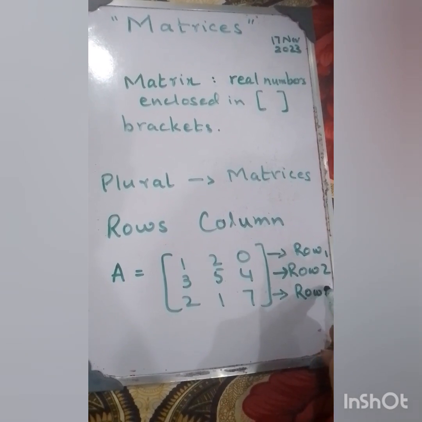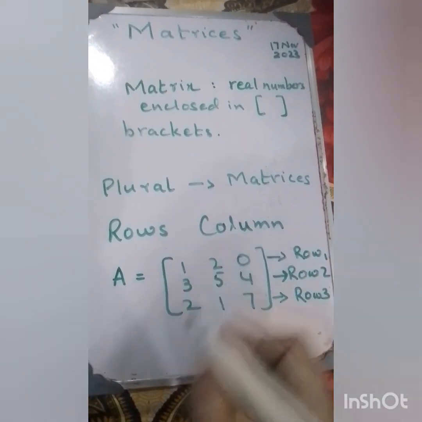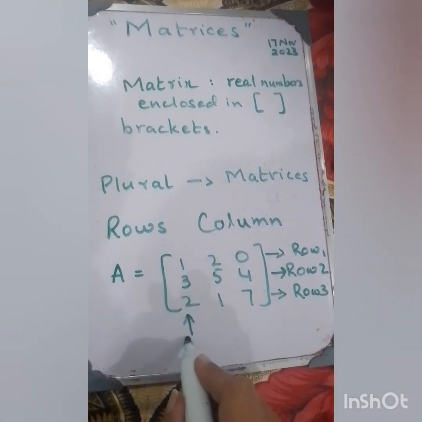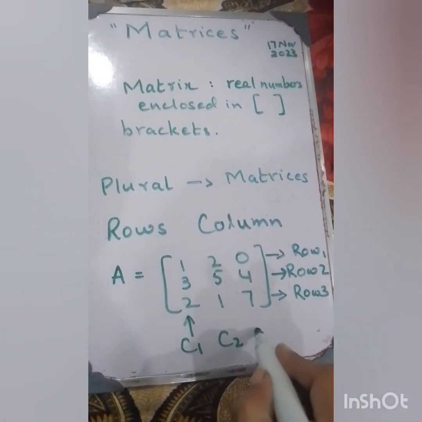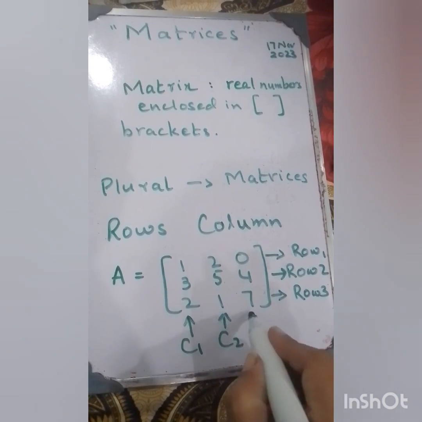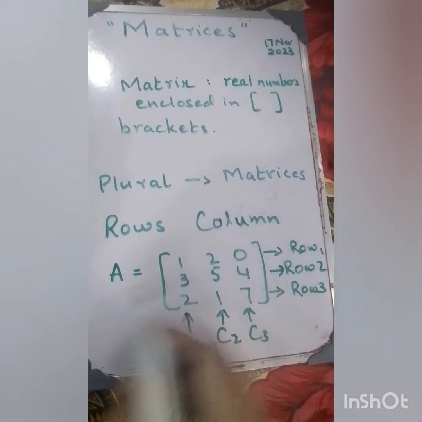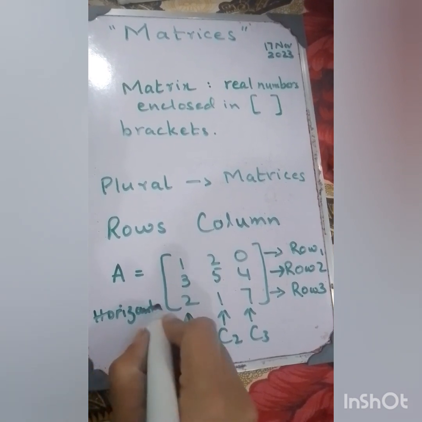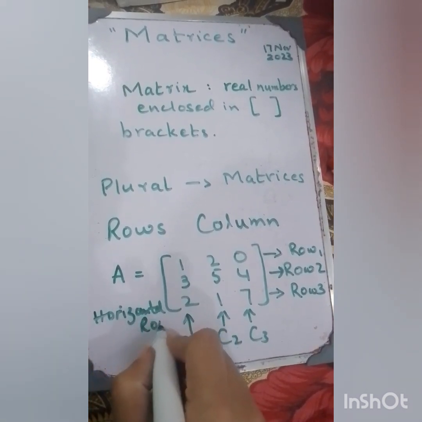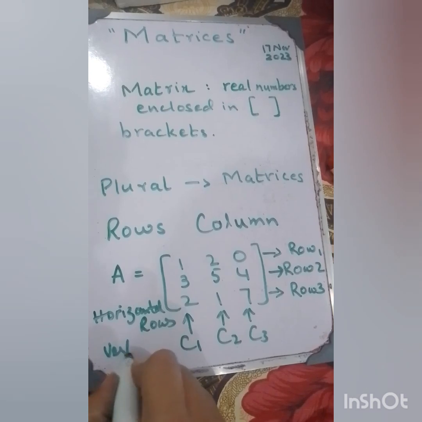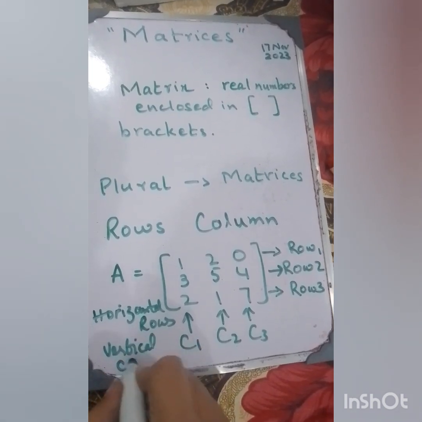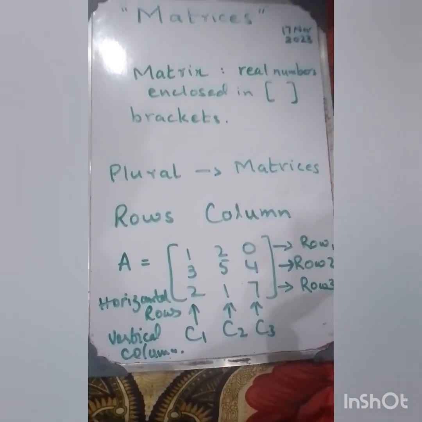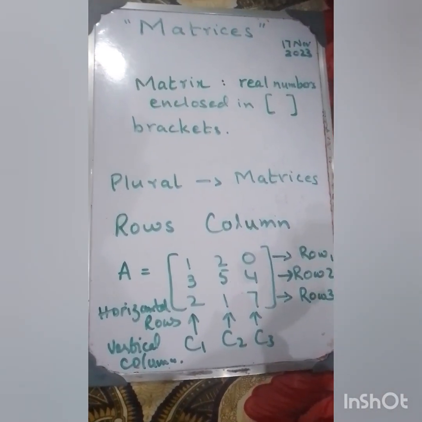Then the vertical ones are our columns, C1, C2 and C3. So horizontal ones are rows and vertical ones are our columns. Easy.